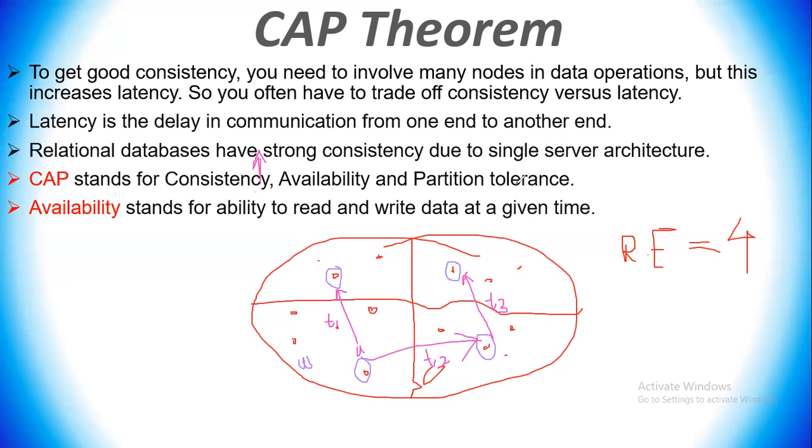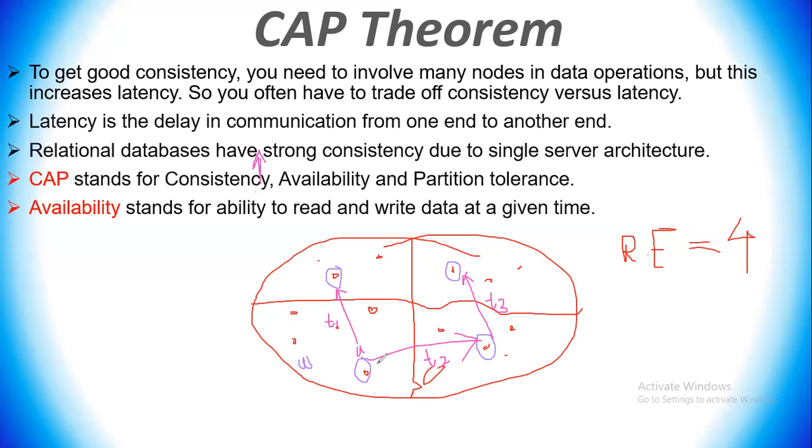That is what the CAP theorem specifies. High consistency means you can do a write operation and immediately read after that, which means you have less replication.